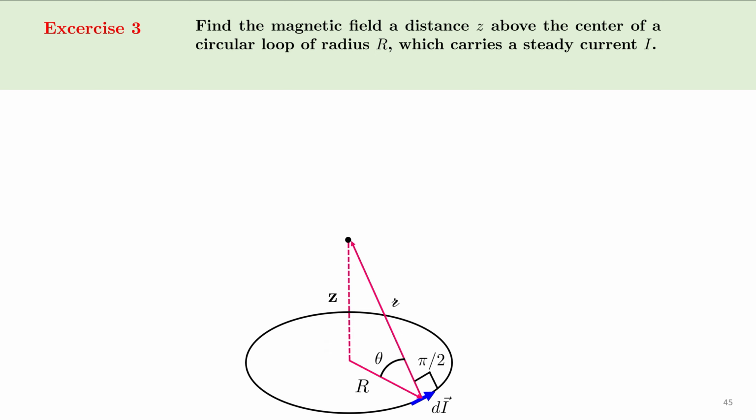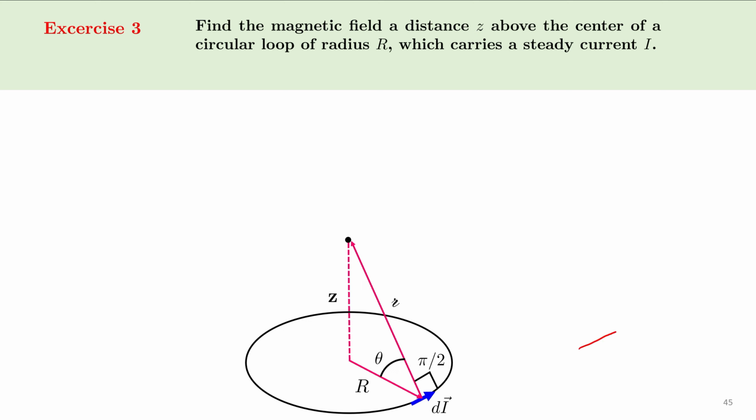The field point is at a distance of z from the center of the loop, and the source point and the field point are separated by a distance script r as shown in this figure. And we want to find out the magnetic field that is produced by this circular loop.